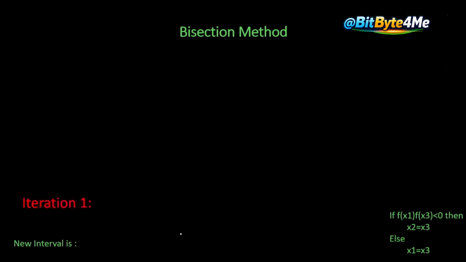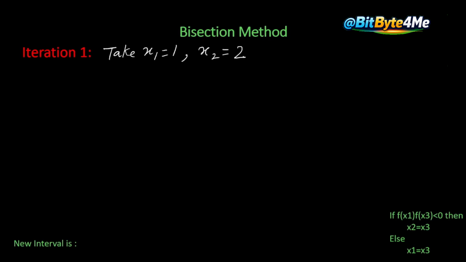First of all, iteration 1. In this iteration we will take x1 = 1 and x2 = 2, the interval which we found in the previous calculation, where the root lies between 1 and 2.